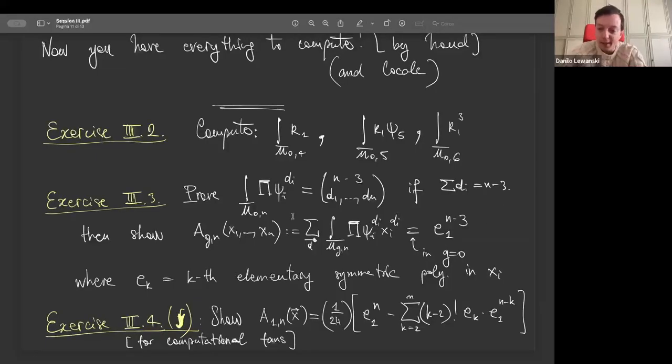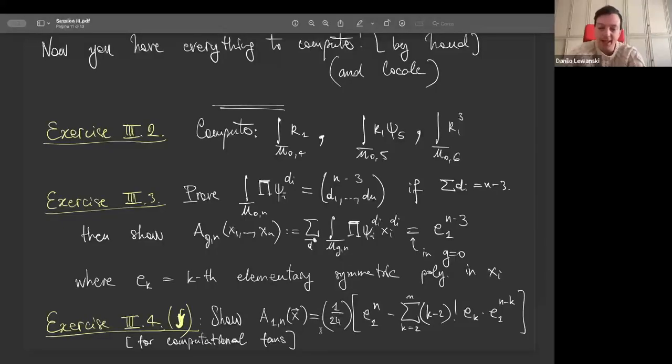And indeed, the next exercise that I would suggest is precisely this one. So if now the genus is not 0, but just 1, now you want to compute A_1^n in terms of these variables x. And this turns out to be equal to 1 over 24, which is not surprising at all because 1 over 24, if you remember, is just the integral over M_{1,1}.